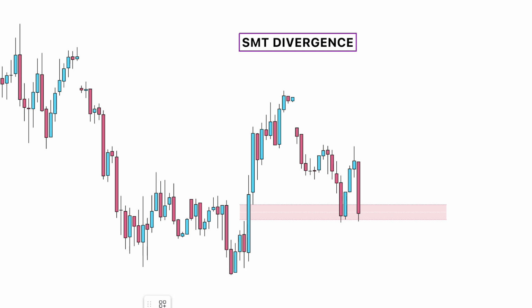In simple words, divergence means a crack in the correlation of two positively correlated assets or negatively correlated assets. For example, let's say I have this right here. This is two different assets. Let me make it very clear so you can see.